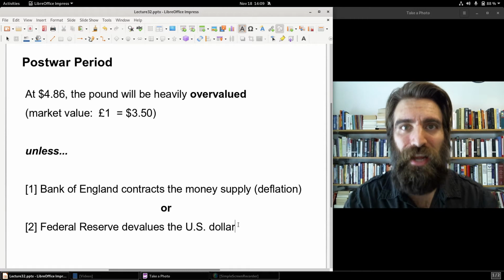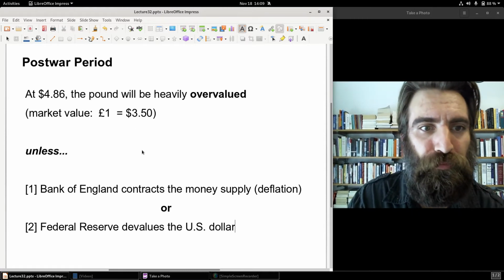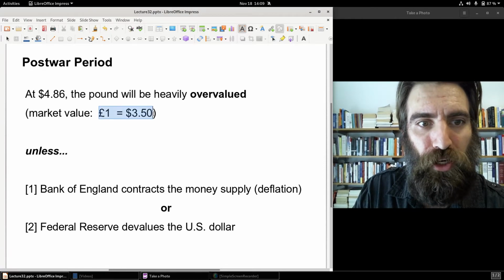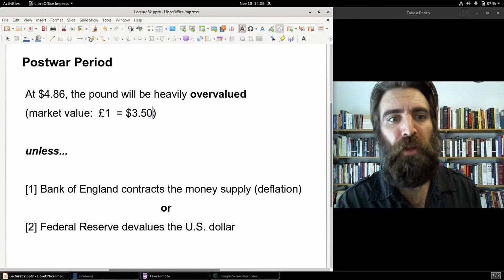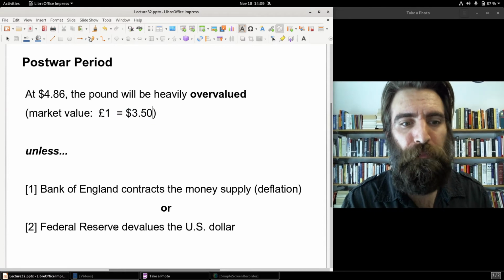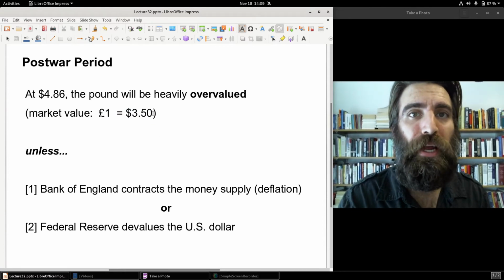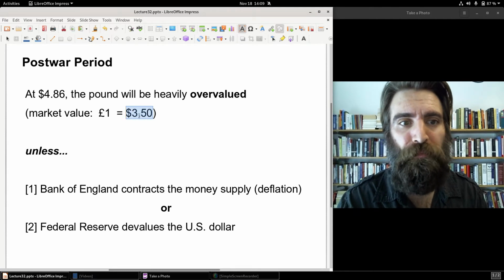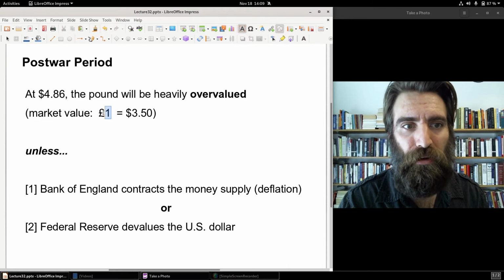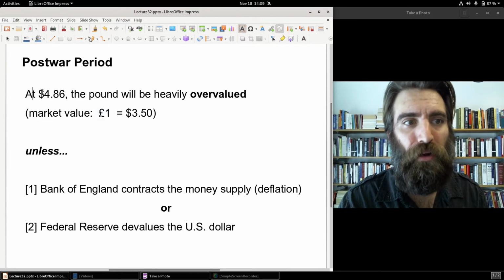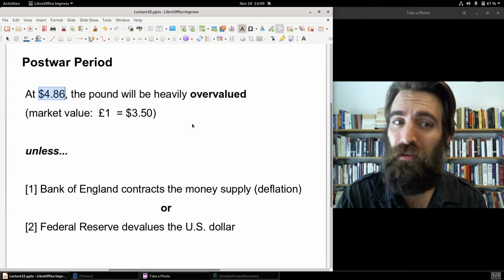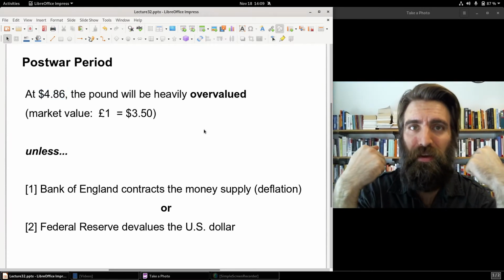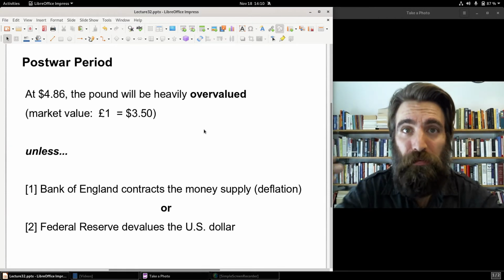To depreciate their currency, so that even if the Bank of England isn't able to change this by contracting its currency issue, perhaps the Federal Reserve, especially the New York Fed, can inflate its currency supplies so that the dollar begins losing value, so that 1 pound sterling will begin to approach $4.86 in the market that way. So you could have it both ways. Either the Bank of England's got to contract its currency, or the Federal Reserve has to inflate its currency.